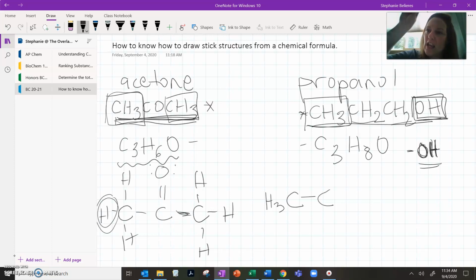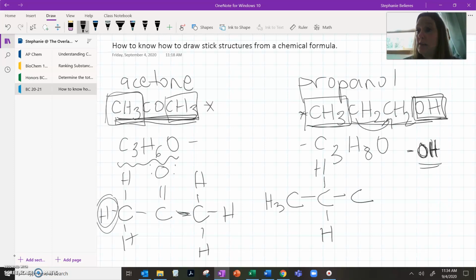It's always hanging off that structure. And because I have a CH2, that carbon is bonded to 2 hydrogens, and then it's going to be bonded to another carbon that is also bonded to 2 hydrogens. And now that carbon is going to be bonded to an oxygen, which is bonded to a hydrogen.